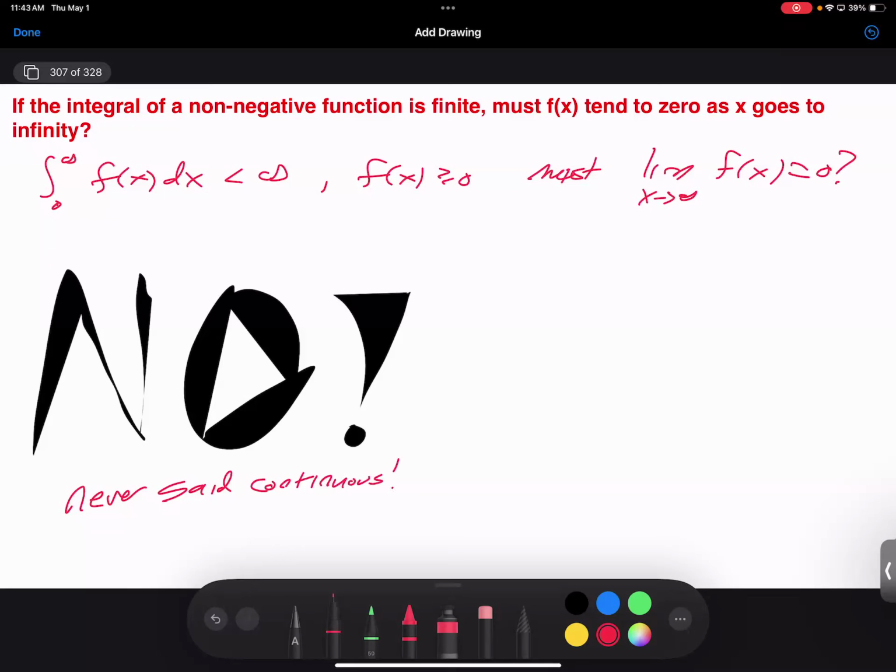Right? So just say f of x equals 0 unless x is in the natural numbers, and then it's 1. Okay? So assume it continues now.